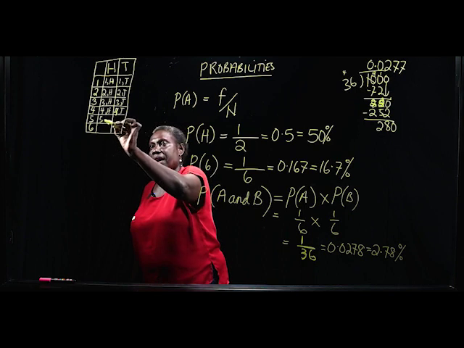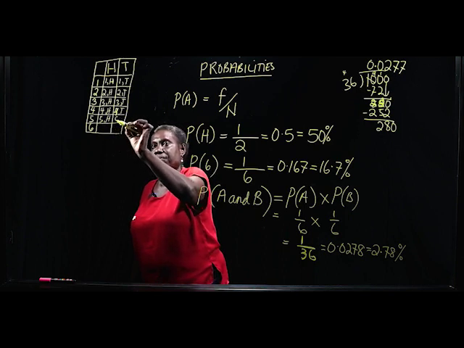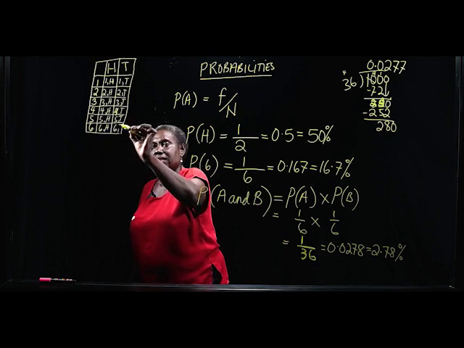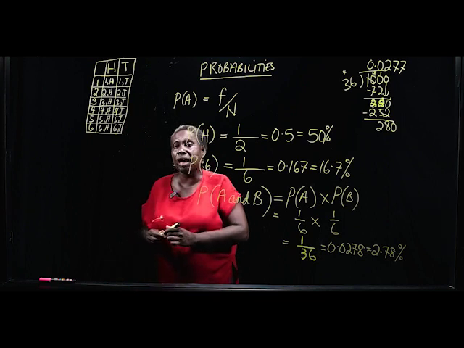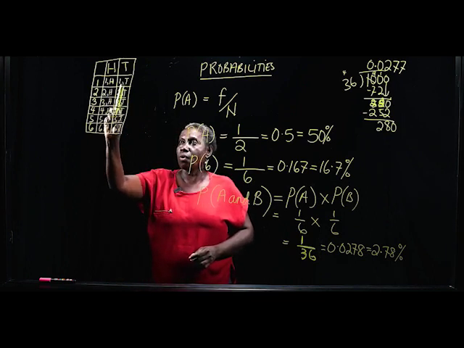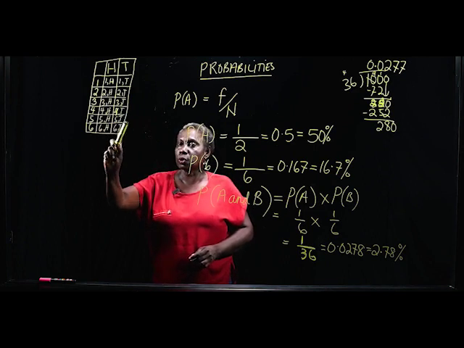We have 5 and a head and 5 and a tail, and we have 6 and a head and 6 and a tail. Let's see how many total possible outcomes we will have. 1, 2, 3, 4, 5, 6, 7, 8, 9, 10, 11, 12.